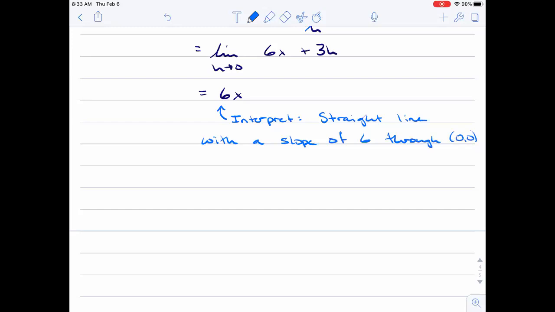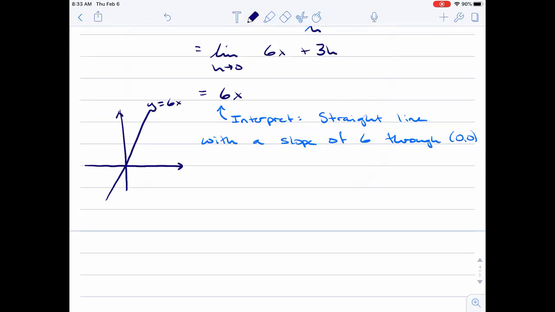There's no y-intercept, or it's 0, and y is 0 when x is 0, so it goes through (0, 0). So now you've got something that looks kind of like this, nice and steep. y equals 6x.